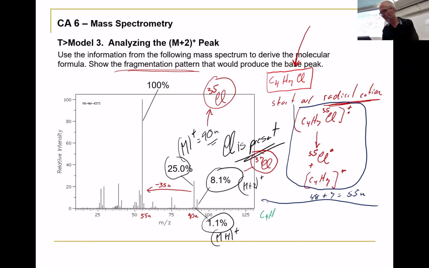So I could go C4H7 chlorine 37, in a corresponding way, that would fragment. This time, though, it's chlorine 37 dot plus, and then the C4H7.